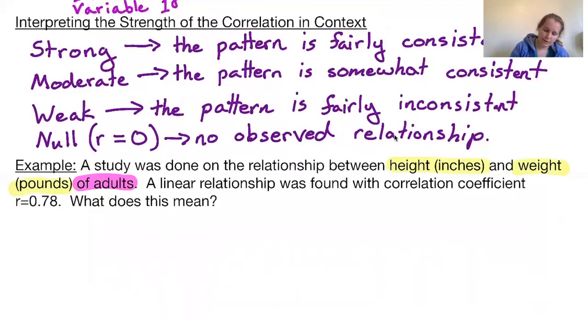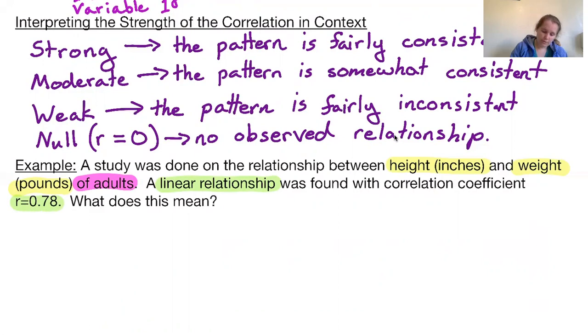A linear relationship was found. So this is good. In our correlation, we're specifically focusing on linear relationships. And our correlation coefficient was R equals 0.78. So our job is to figure out what this means.